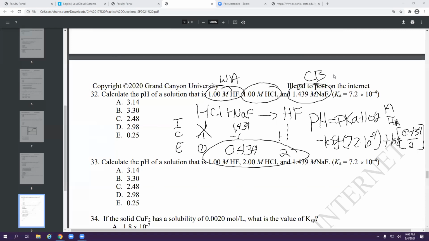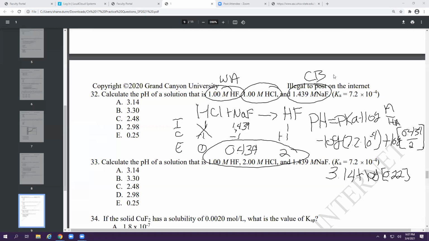Okay. Negative log of 7.2 times 10 to the negative 4th. That is going to be 3.14 plus the log of 0.439 divided by 2, which is 0.22.